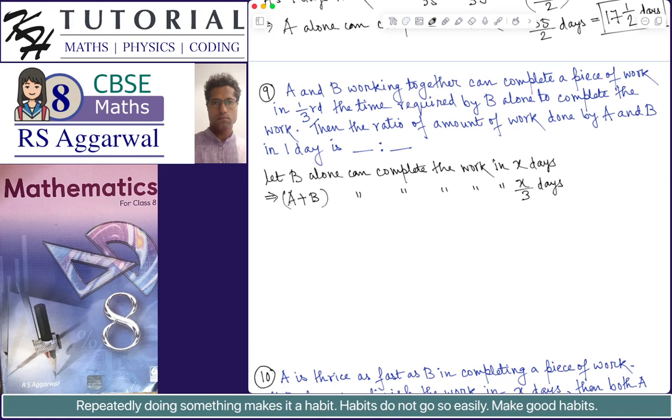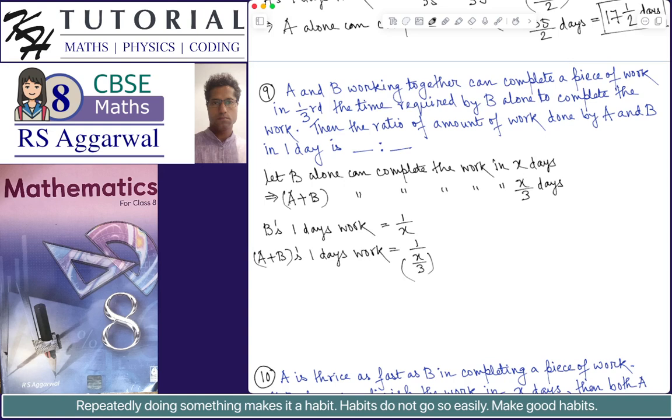Okay, so now we can say that B's one day's work, from the fact that B alone can complete the work in X days, is equal to 1 by X. Also we can say that A plus B's one day's work will be equal to 1 by X by 3.